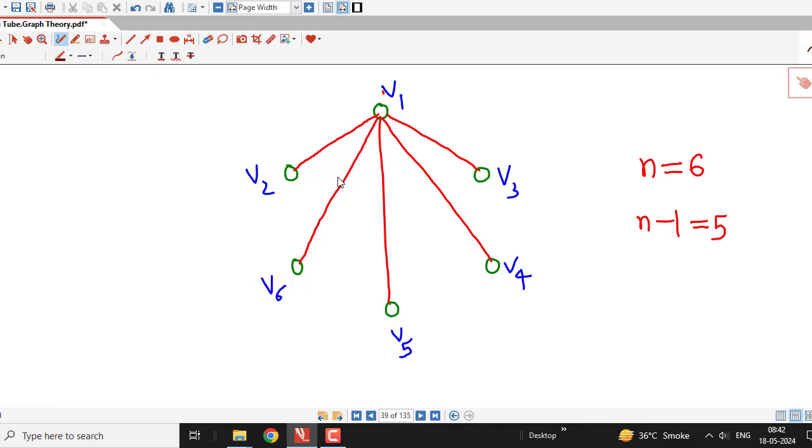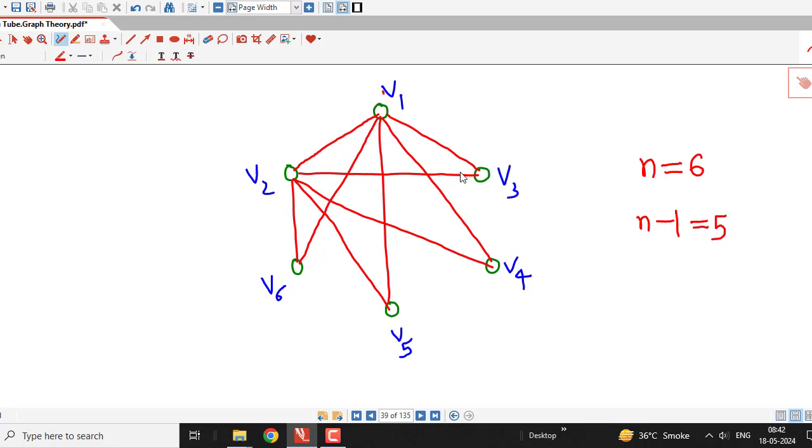Now we check for V2. There must be 5 edges meeting or ending at V2. So 1, 2, 3, 4 and 5 edges are meeting or ending at V2.